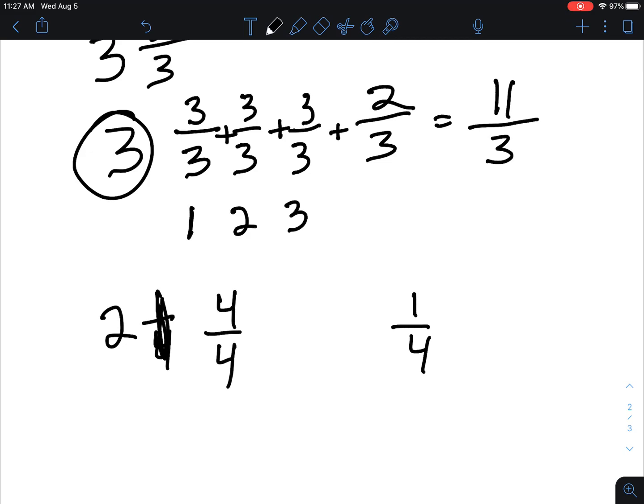So remember, the denominator doesn't change. So 4/4 is equal to 1, and another 4/4 is another 1. So that's 1, 2, and then your 1/4. So if I add my fractions up now, remember the denominator stays the same. 4 plus 4 is 8, plus 1 is 9.